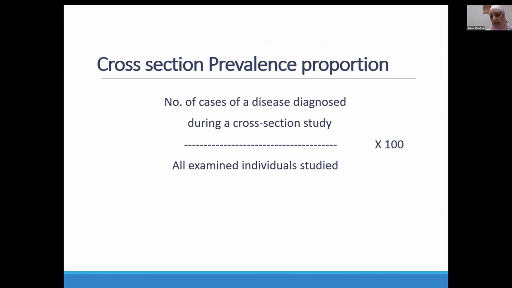You cannot identify it as a true prevalence because it's not the whole population. But for a cross-sectional study, we're going to say that this is the prevalence in this study. It's actually a frequency proportion, okay? Because it's not a representative sample of the whole population.